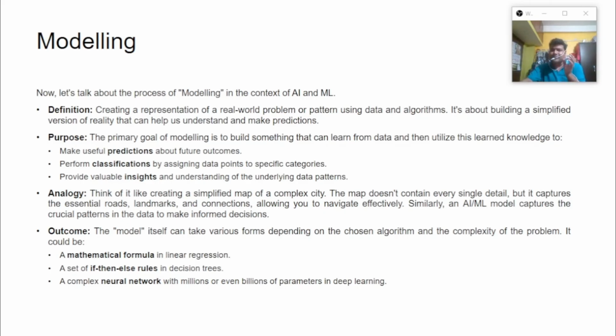And third, provide valuable insight and understanding of the underlying data patterns. Finally, the outcome will be a mathematical formula in linear regression, a set of if-then-else rules in decision trees, or a complex neural network with millions of parameters in deep learning.